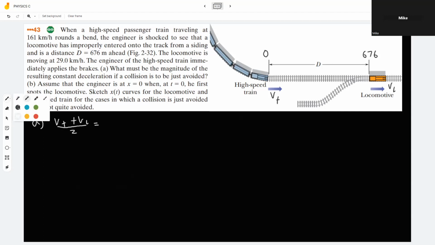The speed is 161 kilometers per hour, so everything should be in kilometers and time in hours.